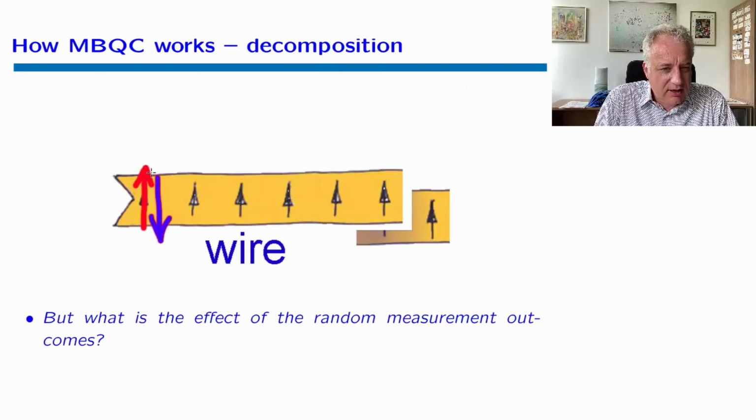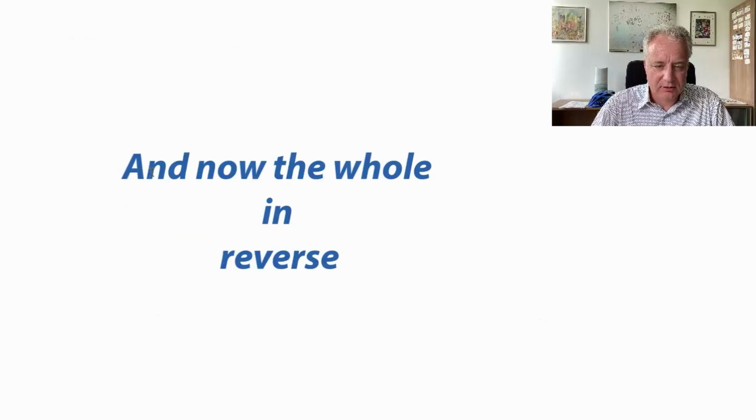And so the question is, does this random measurement outcome have an effect? It probably does, for otherwise you could just trace over, and that is not going to give you any computation. So the measurement outcomes must have an effect, and we need to study that. We will. You want to prevent this randomness of measurement outcomes from creeping into the logical processing. Okay, so these are essentially the things we need to do.